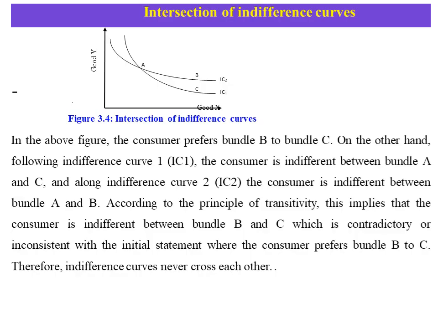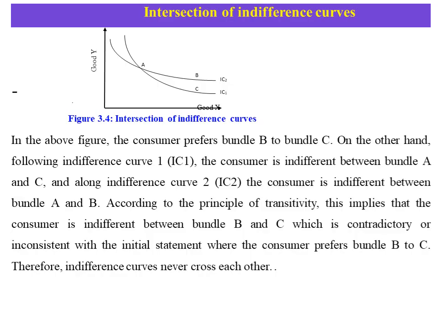In the above figure, the consumer prefers bundle B to bundle C. This is what we have seen before: the highest indifference curve is preferred. Because of this, the consumer prefers bundle B to bundle C, because C is down and B is above C, so it is preferred.